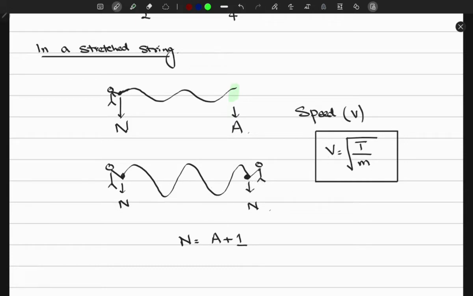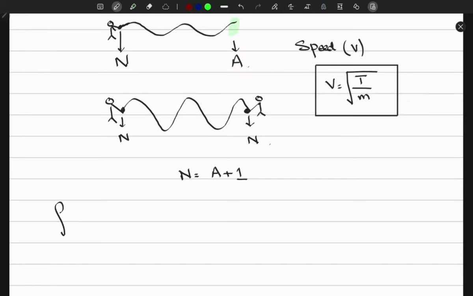Now, if we talk in terms of frequencies, there is only a set number of frequencies that are allowed to be produced in these stretched strings. These frequencies are quantized as Fn equals n times F1, where n can take values 1, 2, 3, 4, and so on.